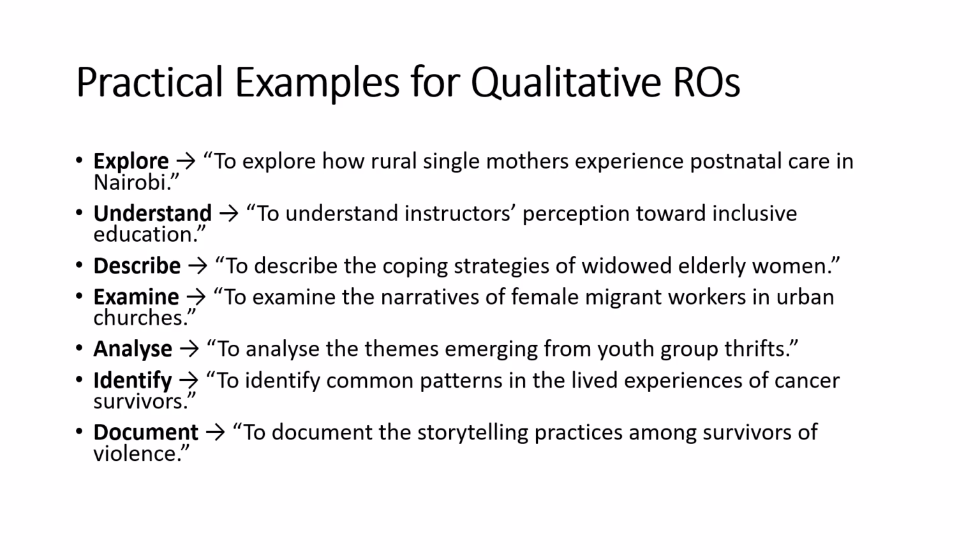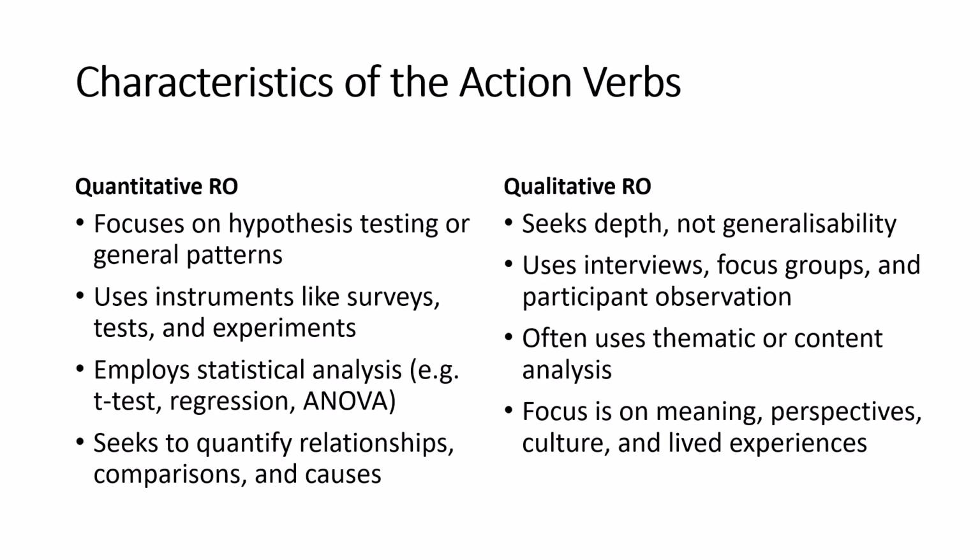Thank you, Dr. Olukemi. Thank you, Dr. Godwin. We have just looked at the practical examples for both qualitative and quantitative research objectives. Let's look at the characteristics of these action verbs under each paradigm. Quantitative research focuses on hypothesis testing of general patterns, okay?